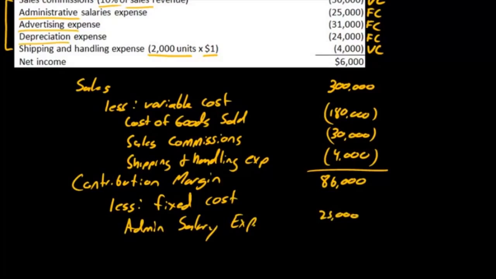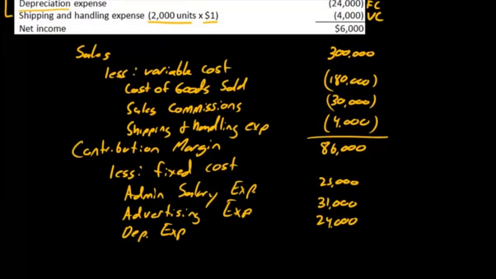So we're going to have administrative salary expense, which is $25,000. And then we have our advertising expense, which is $31,000. And then we have our depreciation expense, which is $24,000. And so contribution margin minus our fixed cost is going to give us net income, which is $6,000.